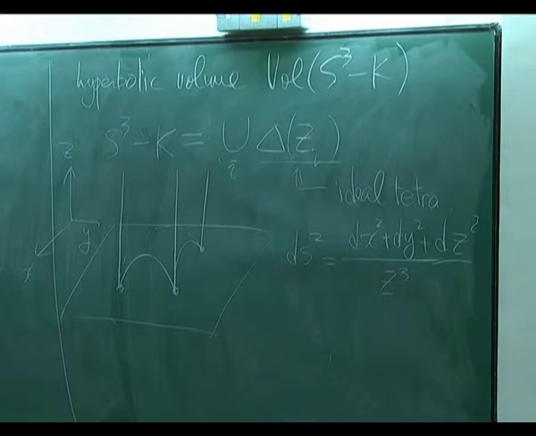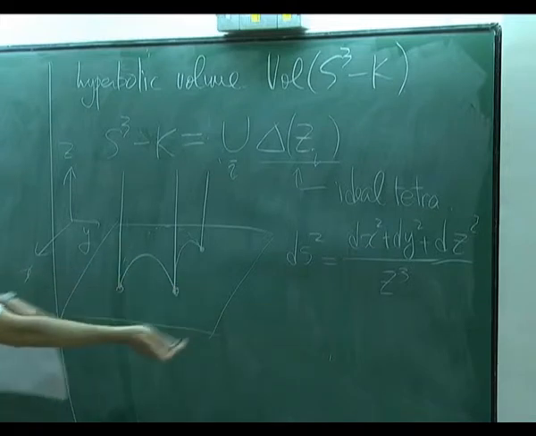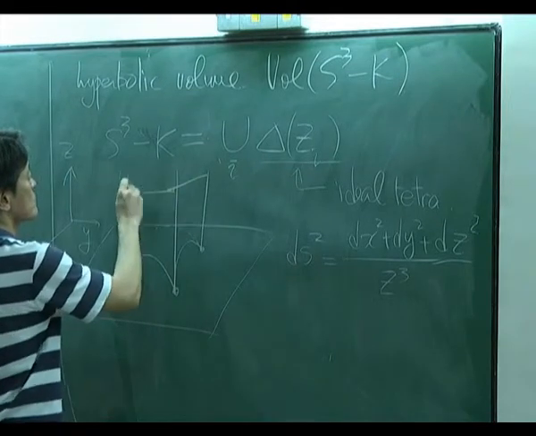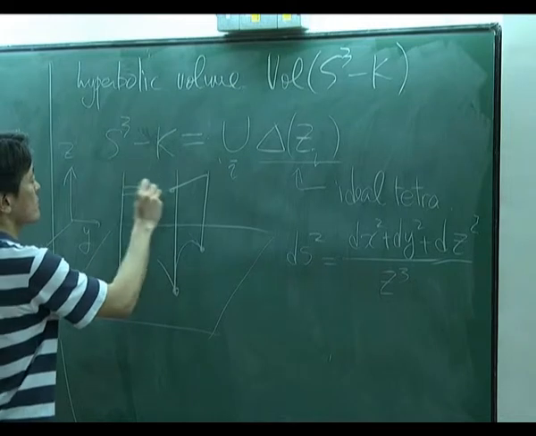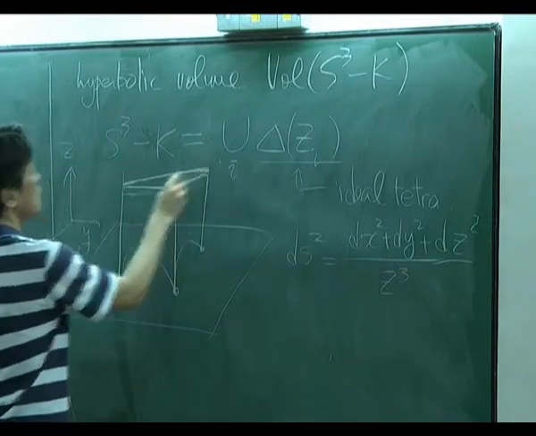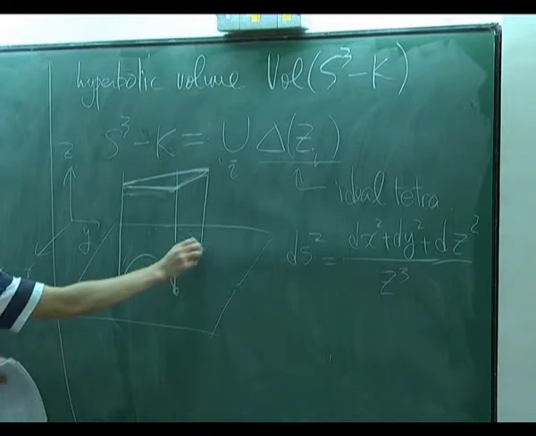And it is known that the hyperbolic tetrahedron has a shape like this one. And here we have a usual Euclidean triangle. I mean, this is the same as this one.